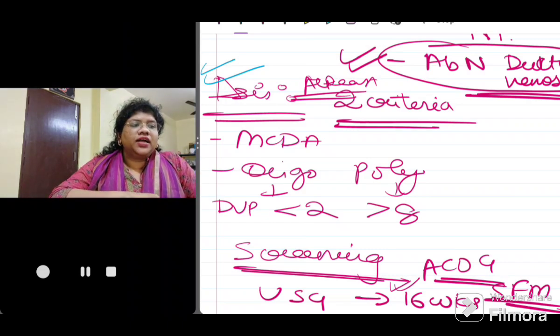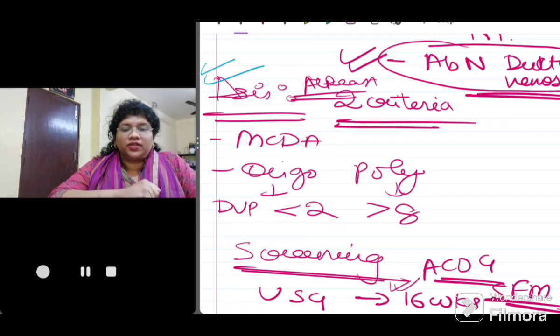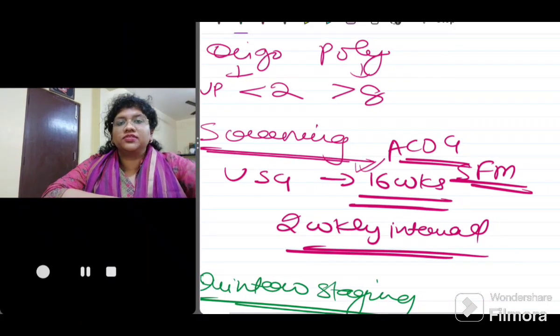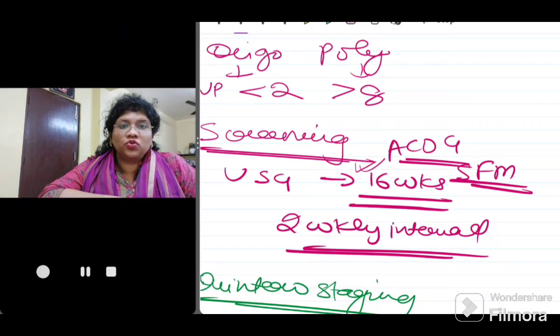Screening, remember that you have to screen for twin-to-twin transfusion syndrome for every MCDA twin. For this, ultrasound should be done from 16 weeks onwards. This is the recommendation by the ACOG guidelines as well as the Society for Fetal Medicine. This has been clearly quoted in the Williams Obstetric textbook.